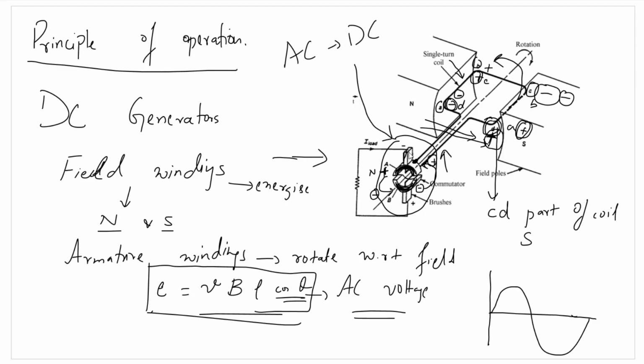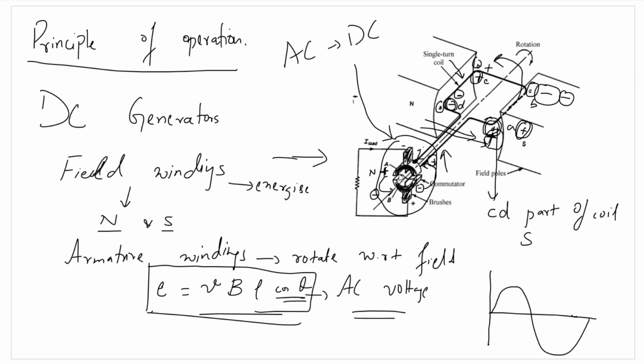Now these brushes are fixed. They are not rotating with the commutator. So the brush will always be carrying the same polarity. If a positive polarity is applied here, it will be carrying a positive polarity current. If a negative polarity is applied here, it will be carrying a negative polarity current.